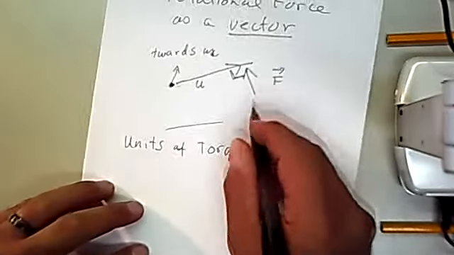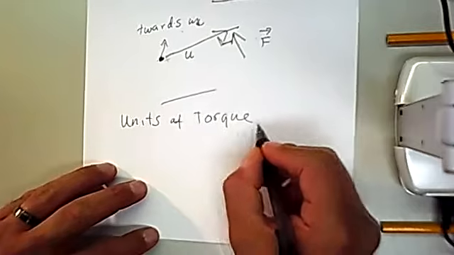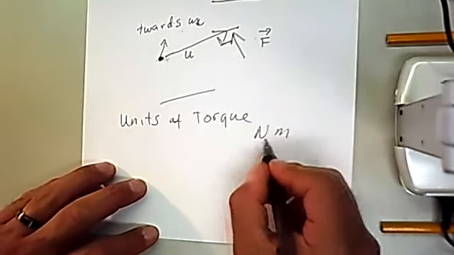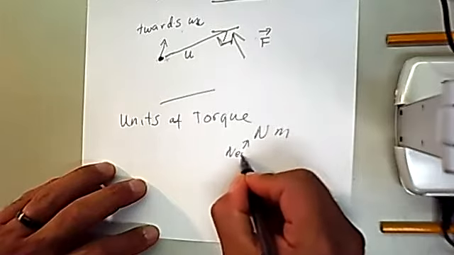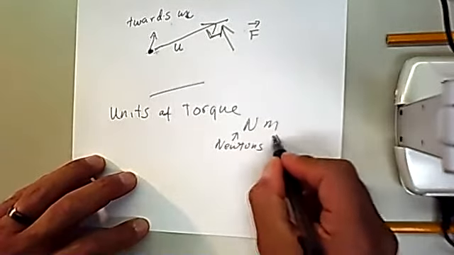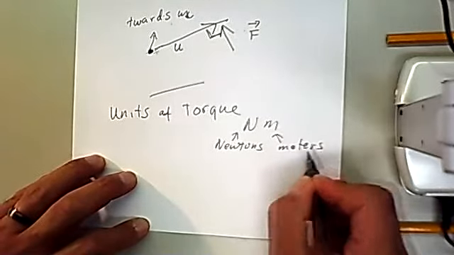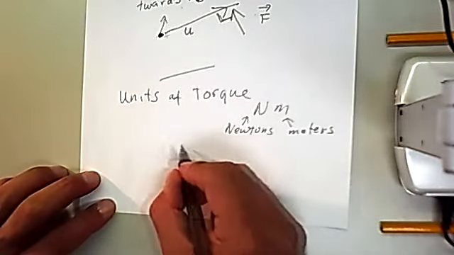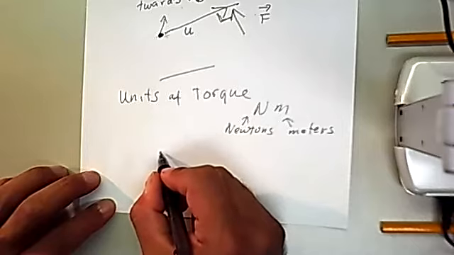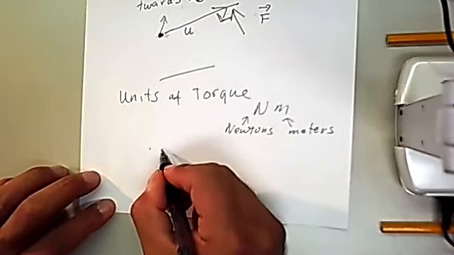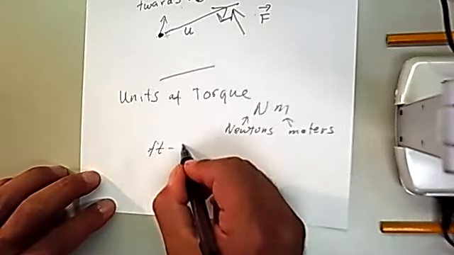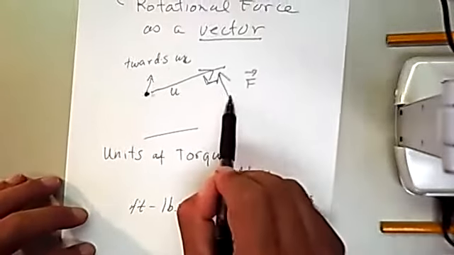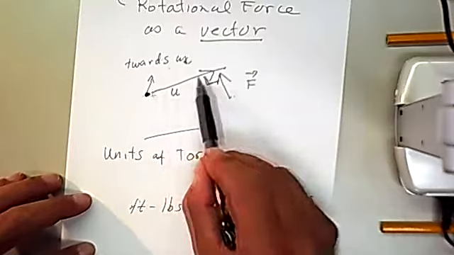So the units would be newton meters. If we use English units, then we have foot pounds, or pound feet. The force would be in pounds, and the length of the lever would be in feet.